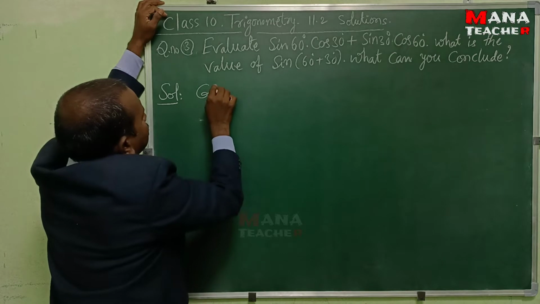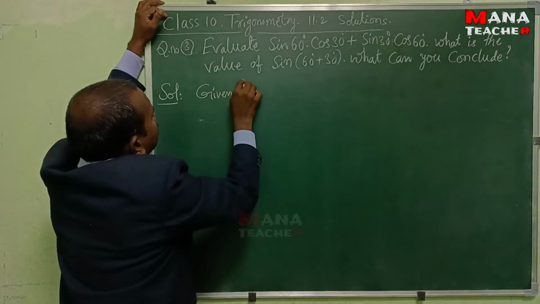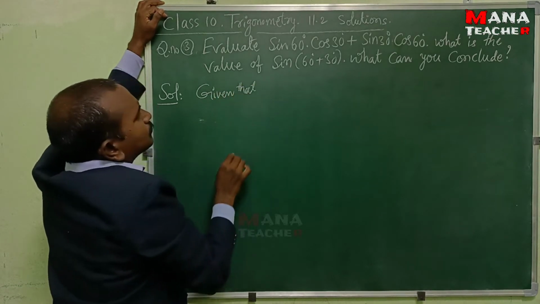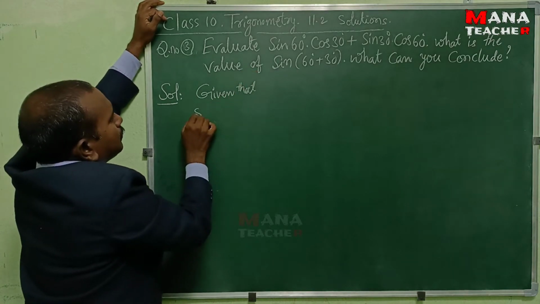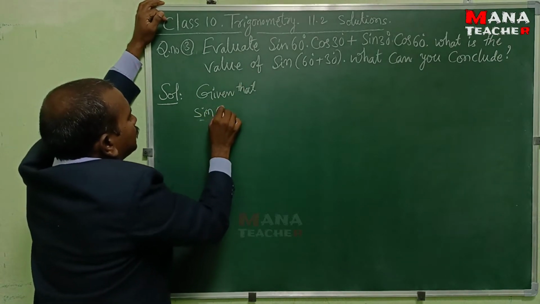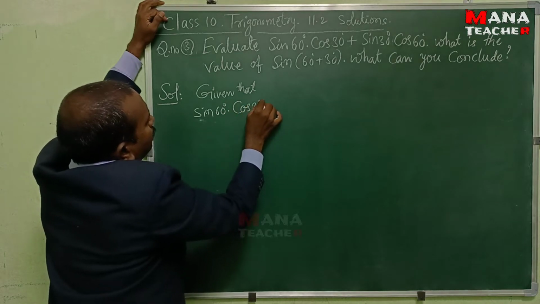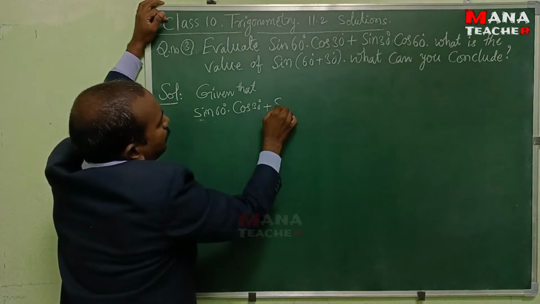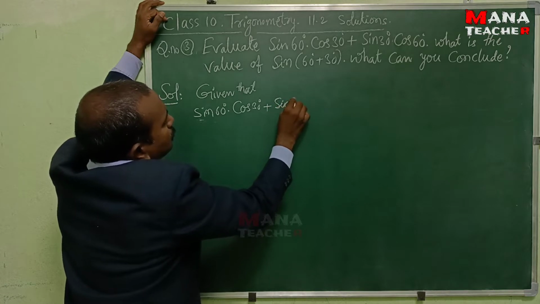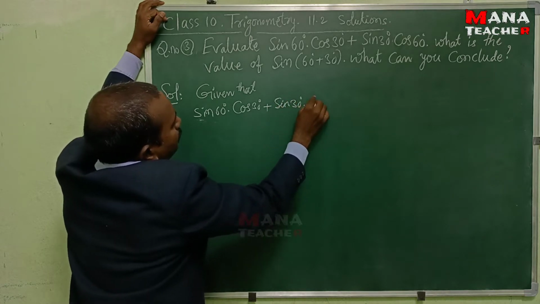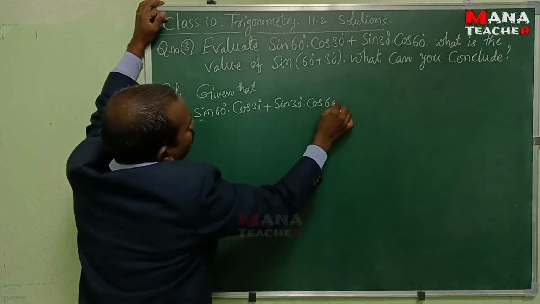Given that sin 60 degree cos 30 degree plus sin 30 degree cos 60 degree.